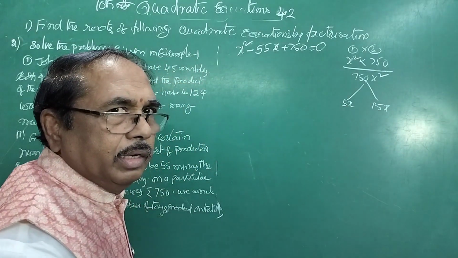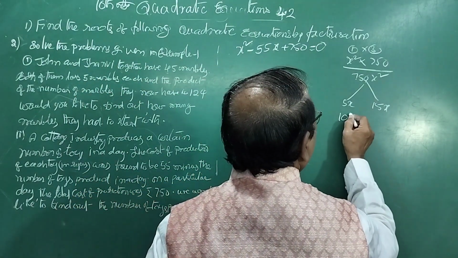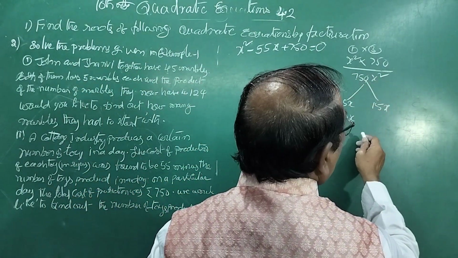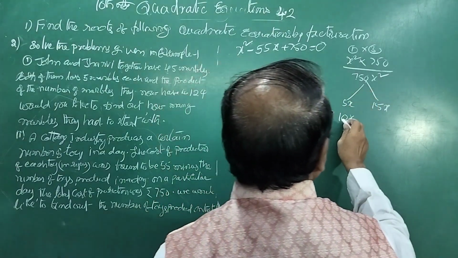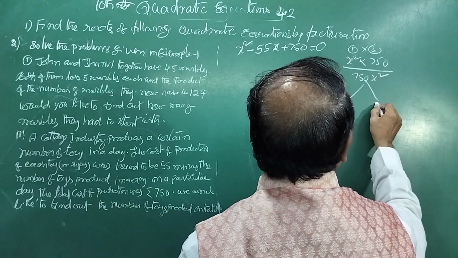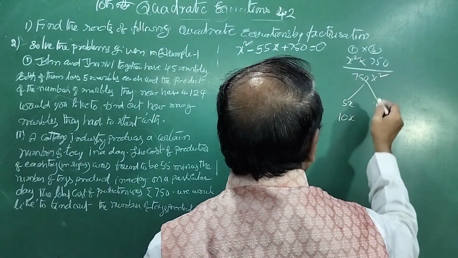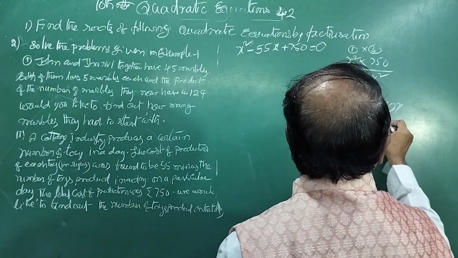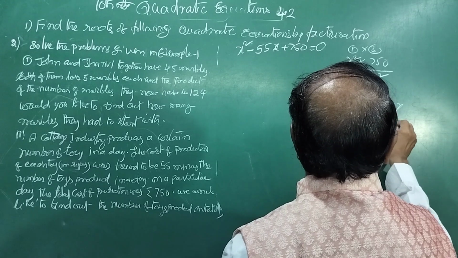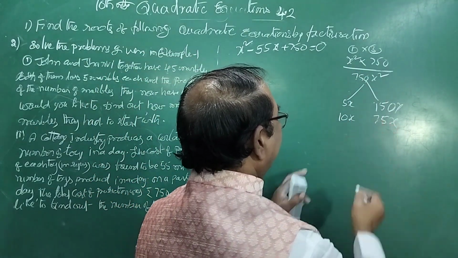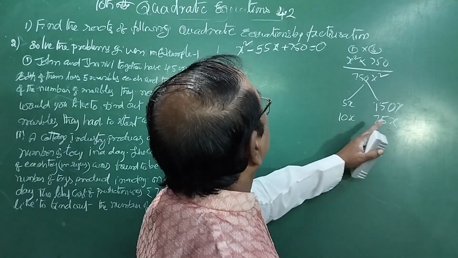Let us see 10x into how much: 5 times is 150. Here let us add 85, and let us subtract 65.